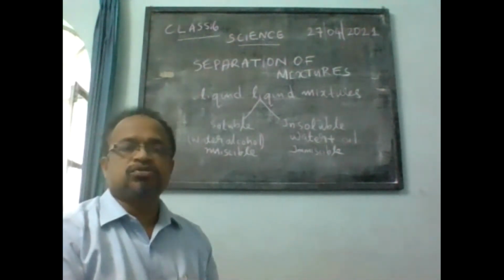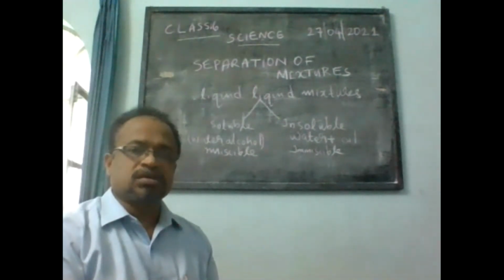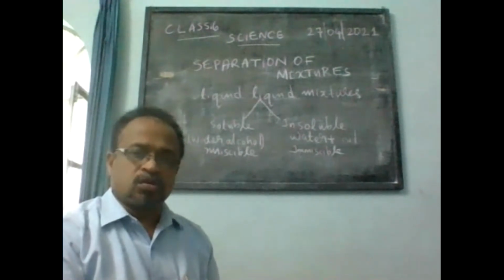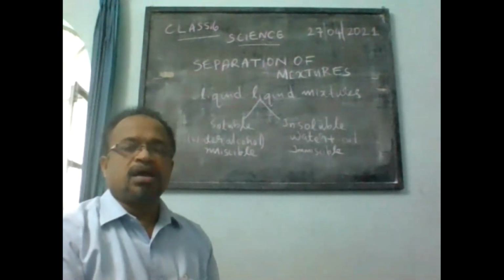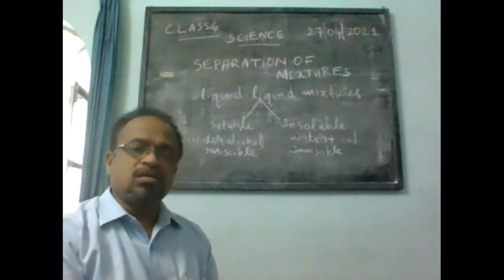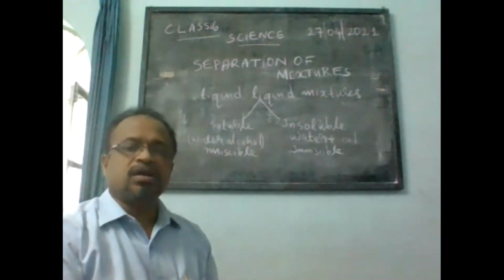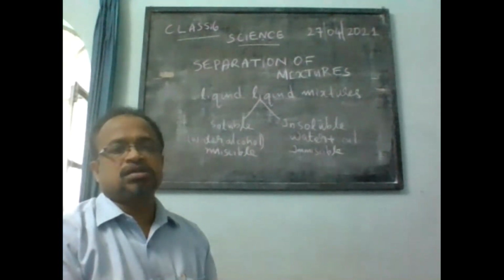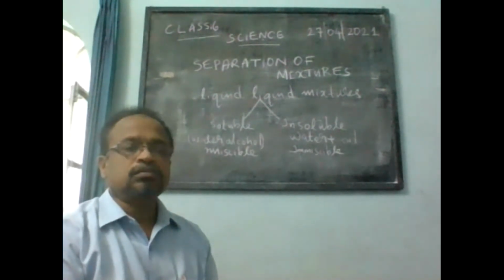Now, the different types of mixtures: solid-solid mixtures, solid-liquid mixtures, liquid-liquid mixtures, solid-gas mixtures, and also dissolved liquids, undissolved liquids, dissolved solids, undissolved solids. So for all these we use different methods as per the requirement.